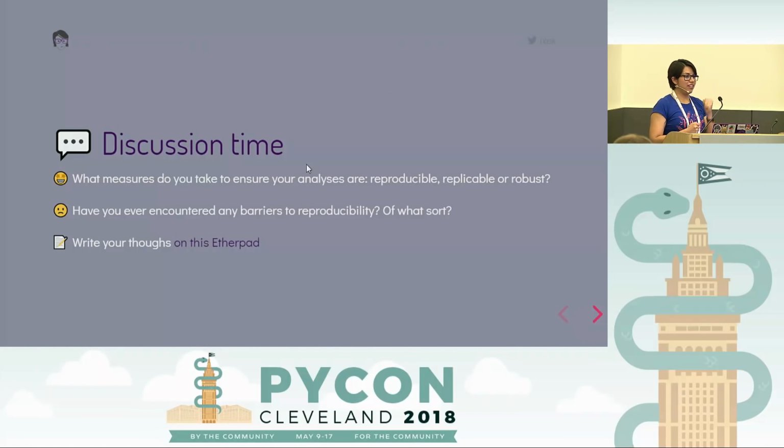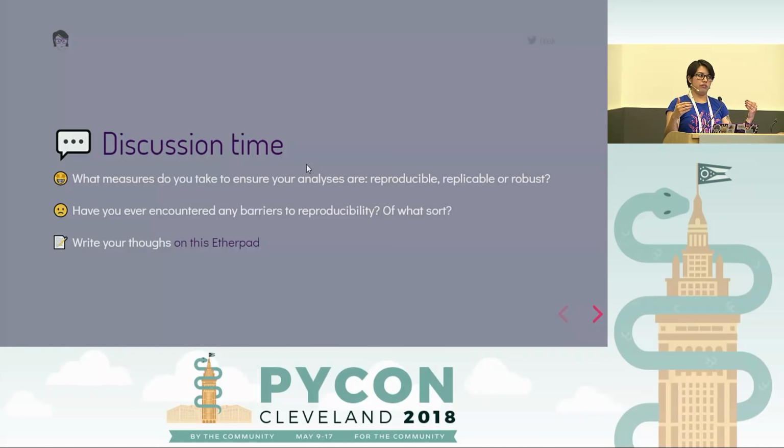Discussion time. Yay. This is my favorite, well, some of my favorite times. I want you to make teams of 3 or 4, just gather round and discuss what measures you take to ensure your analyses are either reproducible, replicable, or robust, and whether you have encountered any barriers to reproducibility. If you have, what are these barriers? And also, just a short thing about why you are actually here.